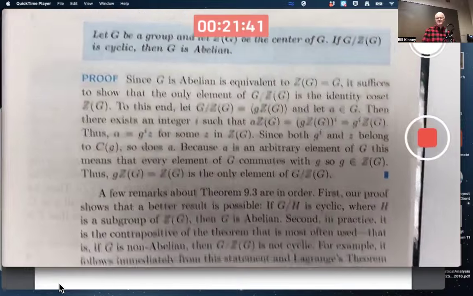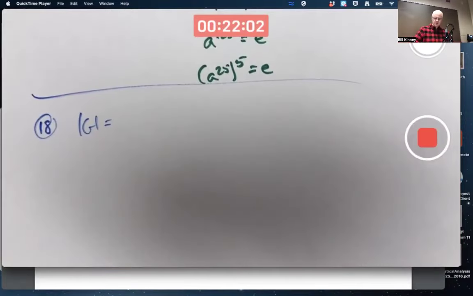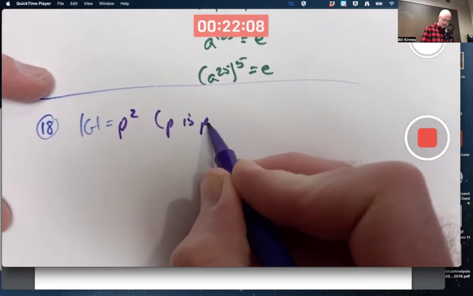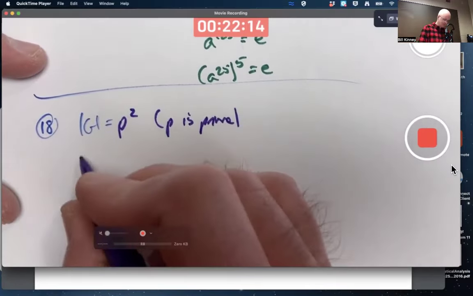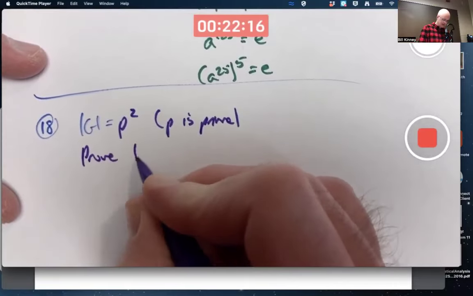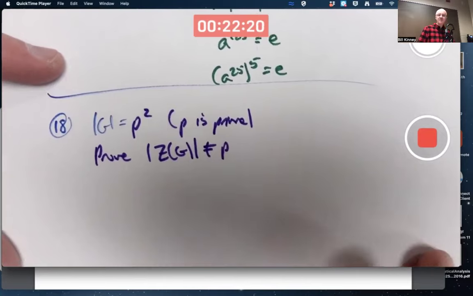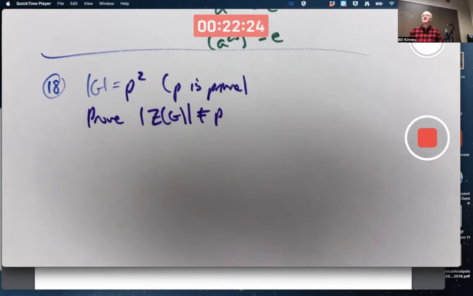How's that useful? Order G equals P squared, P is prime. The center of G cannot have order P. You're trying to prove something's not true. Sounds like a good situation for maybe using a proof by contradiction.